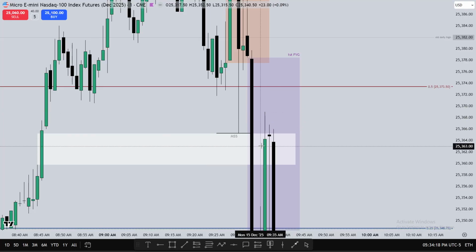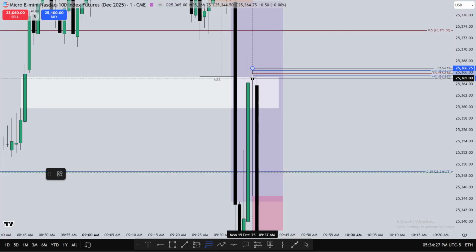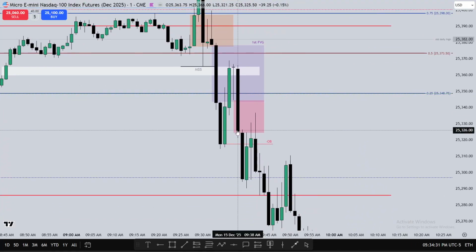Yes, the wicks do the damage, but the bodies tell the story. Close inside, so we have a large wick lower, close back, immediate response. I'm assuming off consequent encroachment of the wick, and we displace lower once more, creating another fair value gap, the bearish order block.